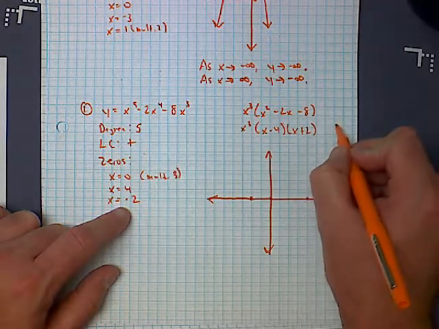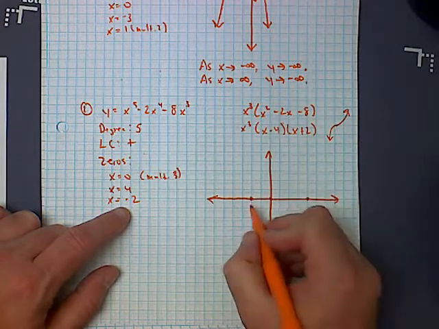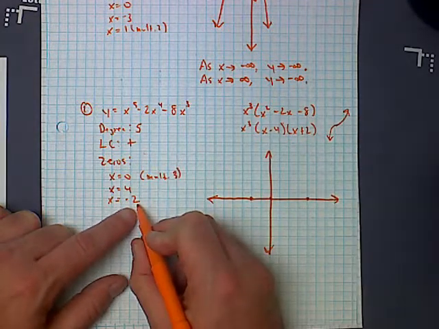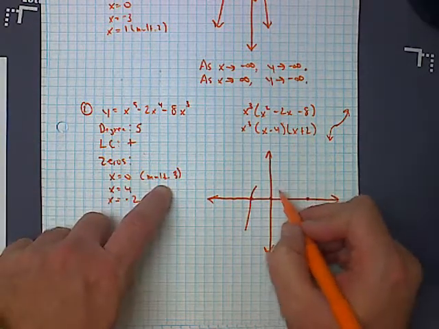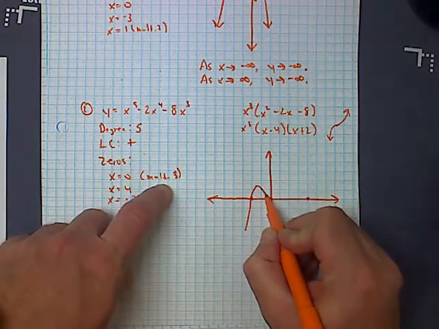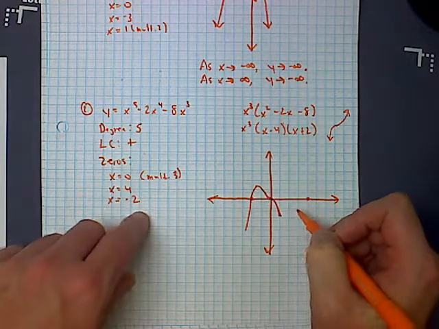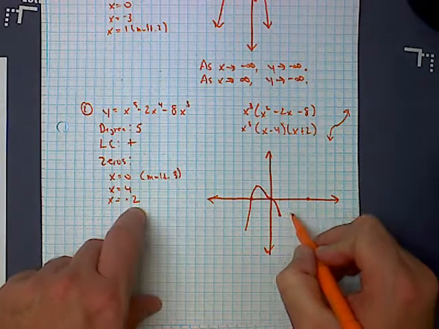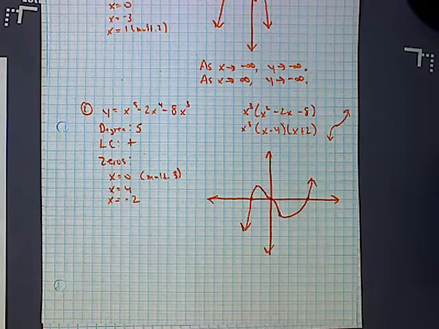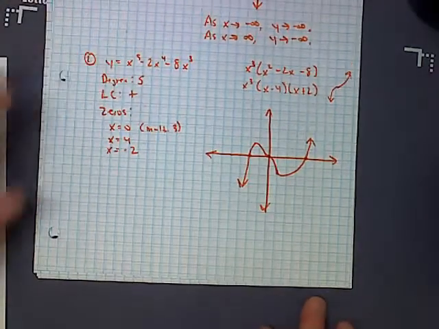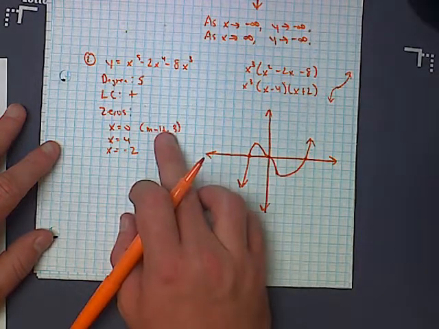So think in your mind, it's going to be something like this, increasing from left to right. So I'm going to go to negative 2. There's nothing going on at negative 2, so I'm just going to go straight through it. At 0, I break. So you see how I made like a little break right there. And then I go back through 4. And that is my graph. There's a break there at 0 because you have an odd multiplicity.